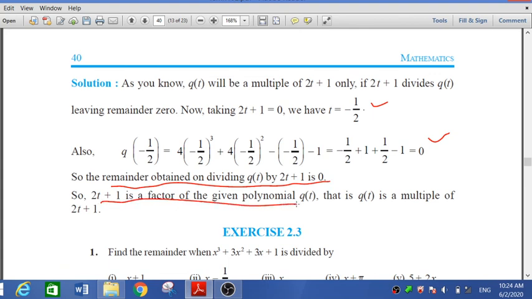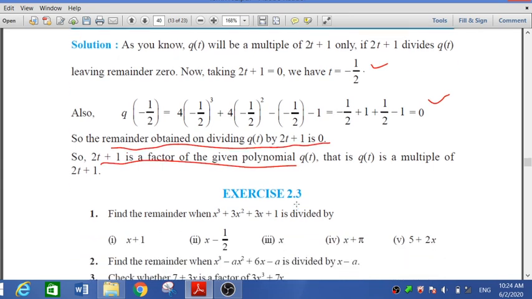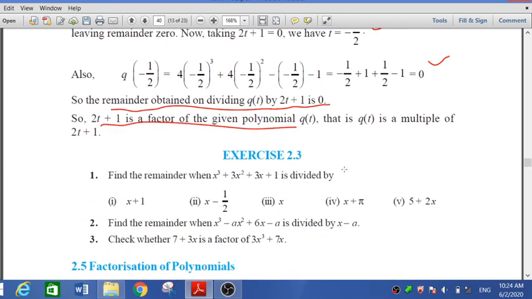So obtaining remainder, if we get answer 0 as remainder, we can say that 2t plus 1 is a factor of the given polynomial. So exercise 2.3; exercise 2.1 we already gave you yesterday as homework. You have to submit it in the classroom. Here exercise 2.3 question numbers 1, 2 and 3: find the remainder when divided by, and you have to do it by the long division method.